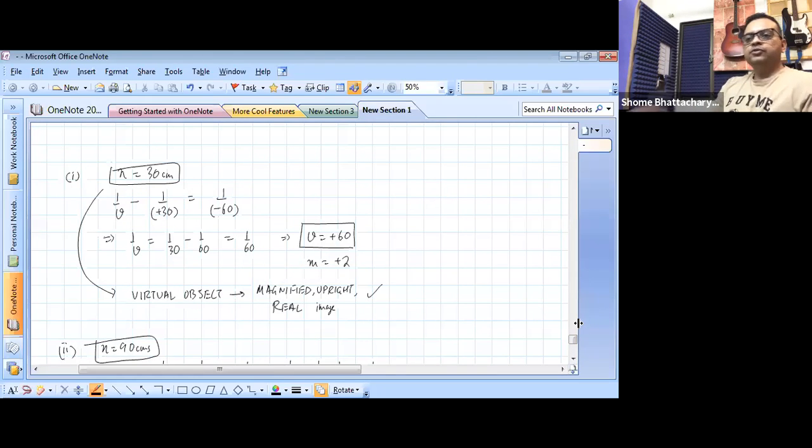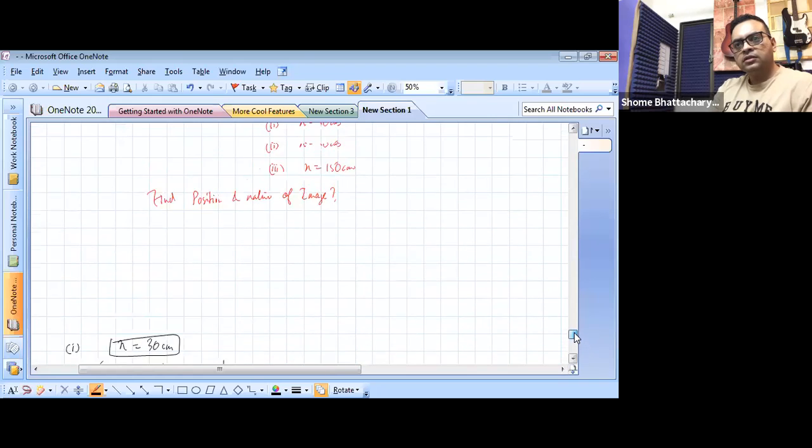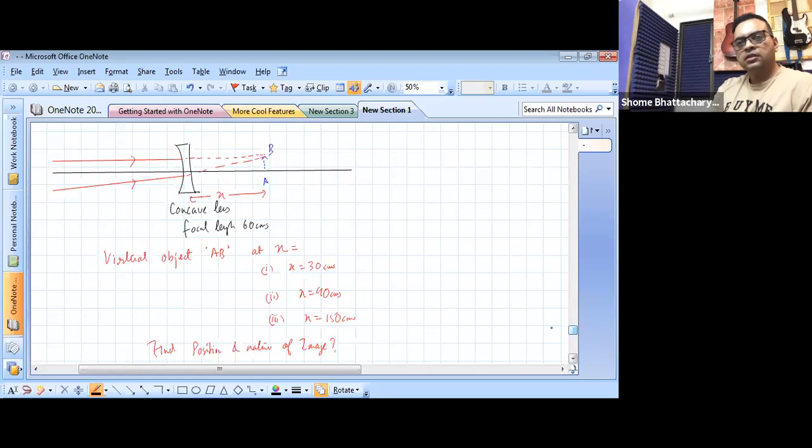You have to take negative focal length because it's a diverging lens. You can see given to us that the lens is like this. So the focal point is here. This ray, for example, parallel to the principal axis, will go like this after refraction. That is why, for example, if this is real, this is going undeviated.